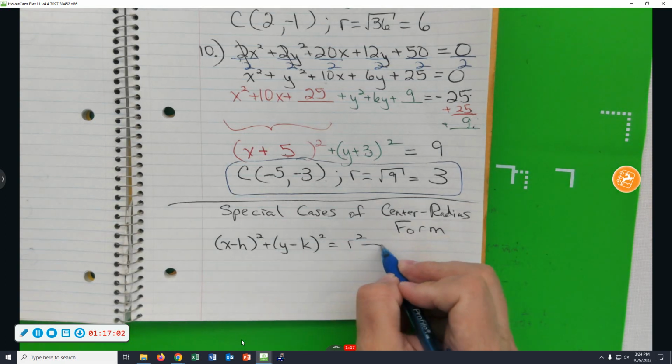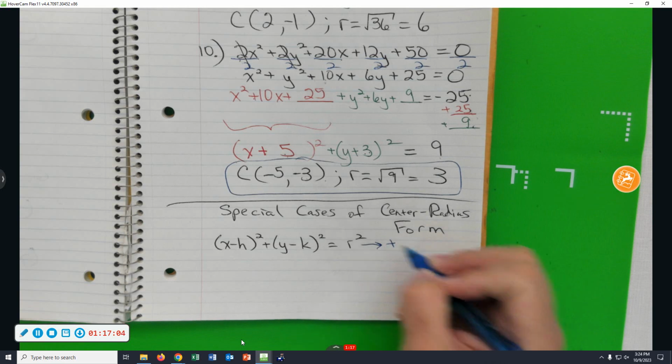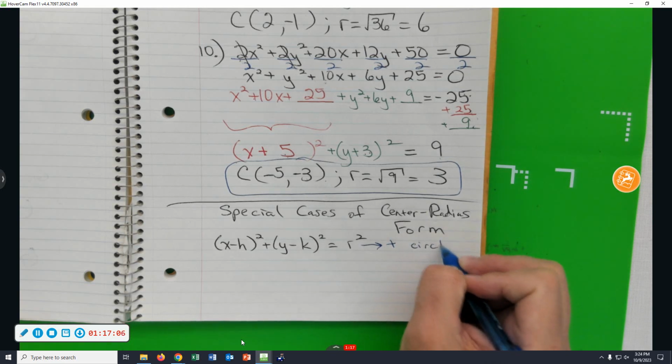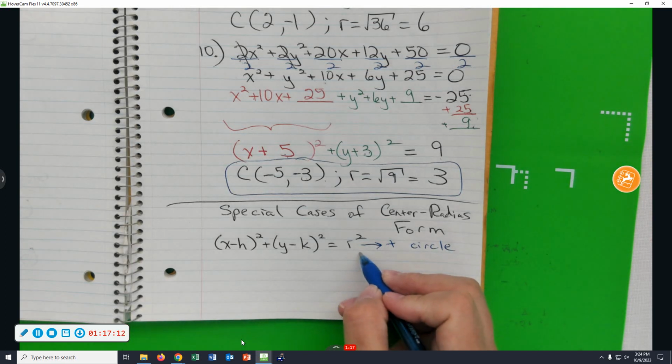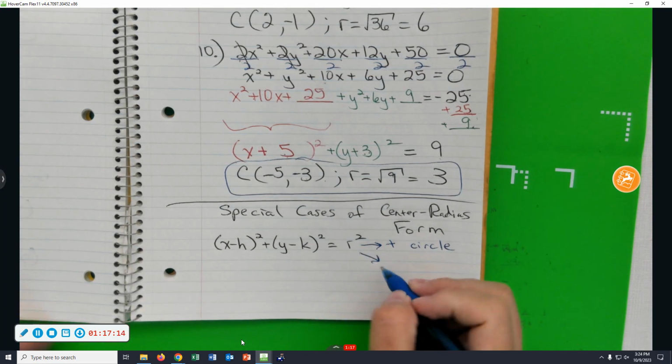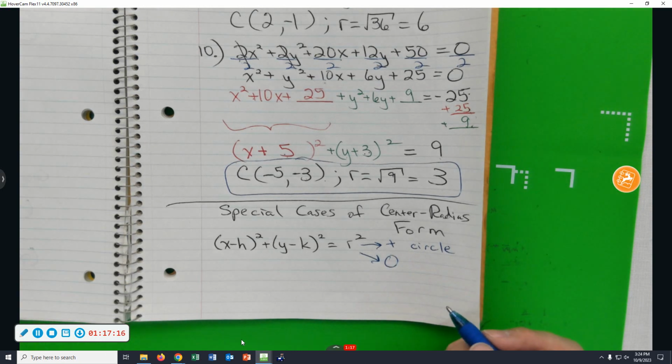If this thing is positive, you're looking at a circle. If the number on the right-hand side turns out to be 0, you're looking just at a center point. You can label the center point, but you can't go up, down, left, or right.